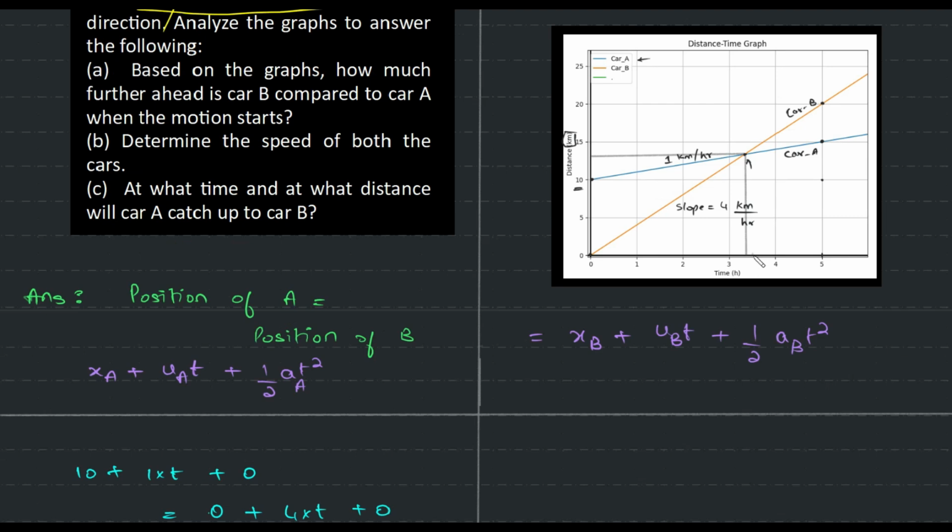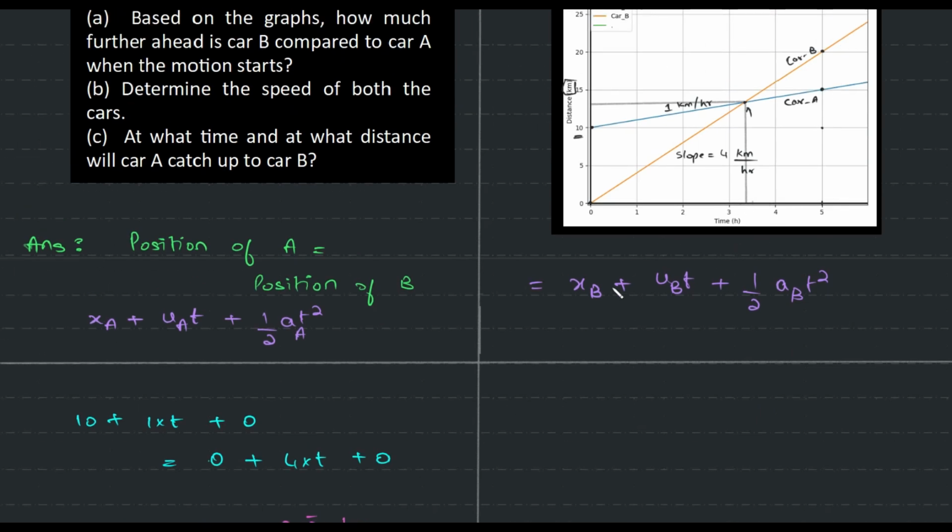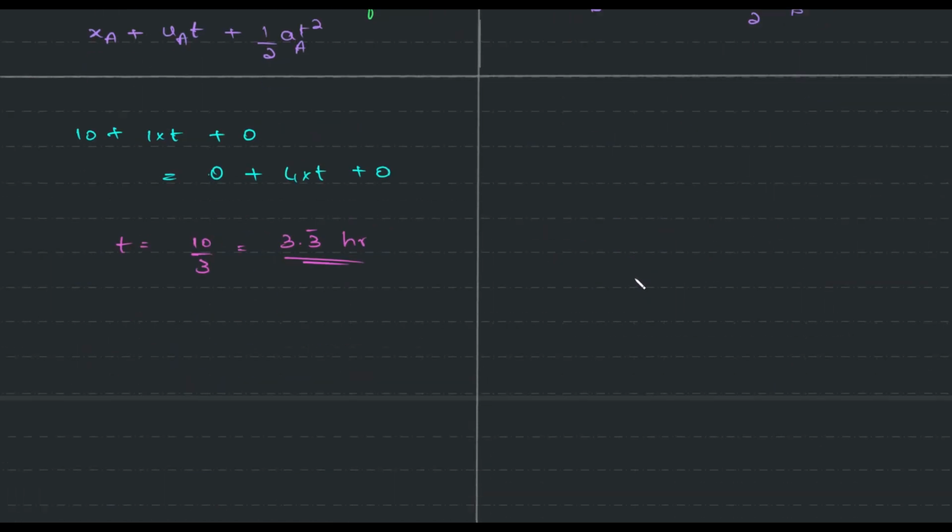So did we get that? Yeah, we got an approximate answer, so I think it's matching. And whatever the distance, we can substitute t in XA plus UAT plus half AT square.